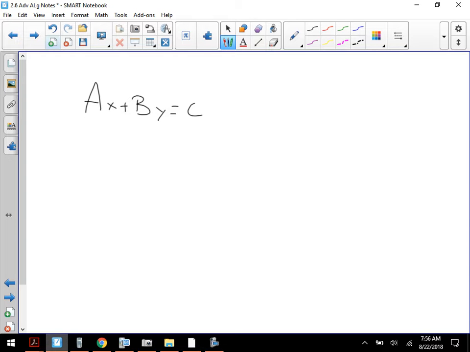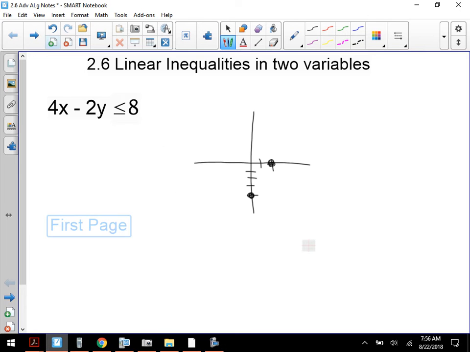Do you remember what it was? Perfect. Slope was always going to be the opposite of A over B. Well, in this case, our A is 4, so the opposite of A over B won't that give me a positive slope? So that's that little idea that you can keep in the back of your head that, hey, that's got to be the right way to do that. Okay. Does that make sense?